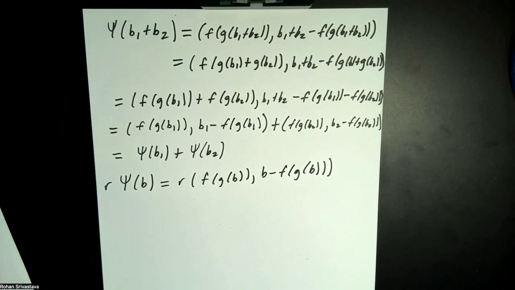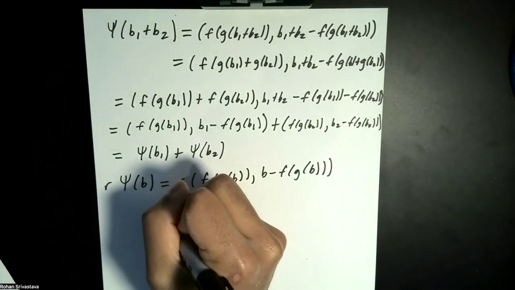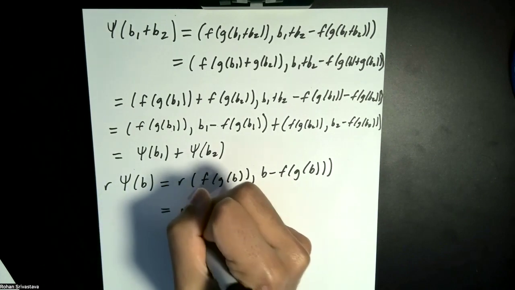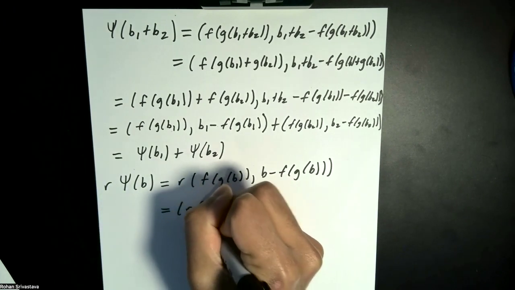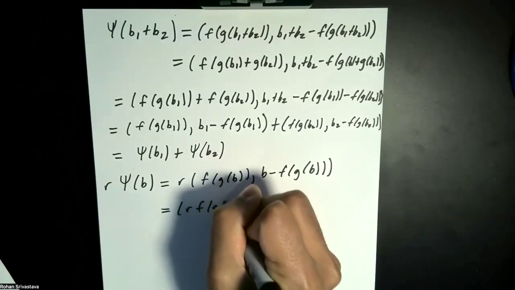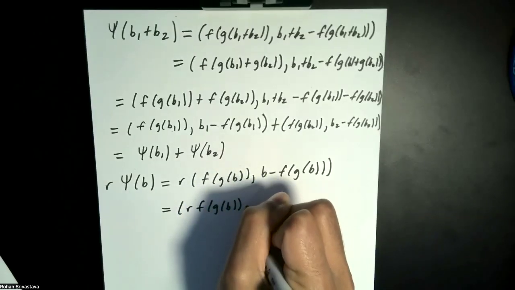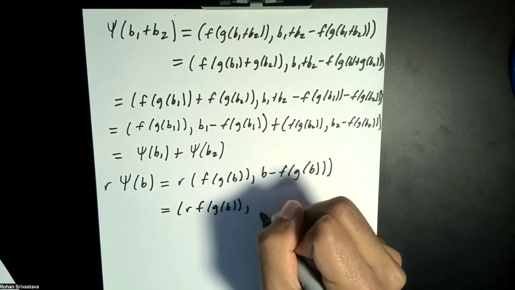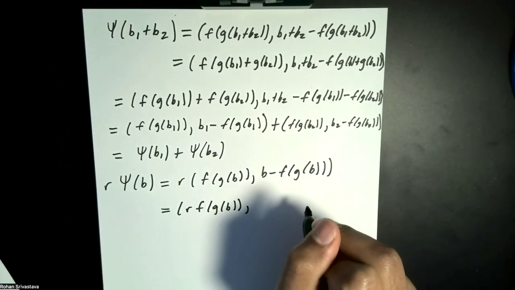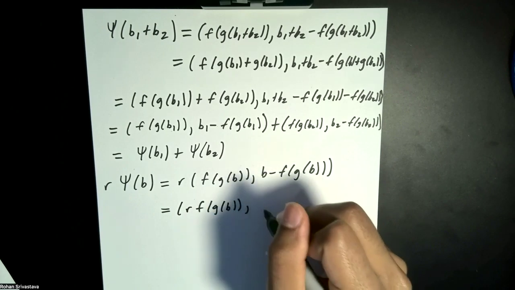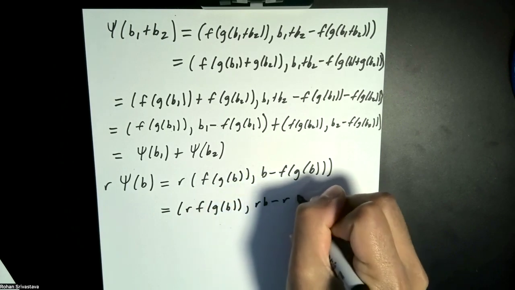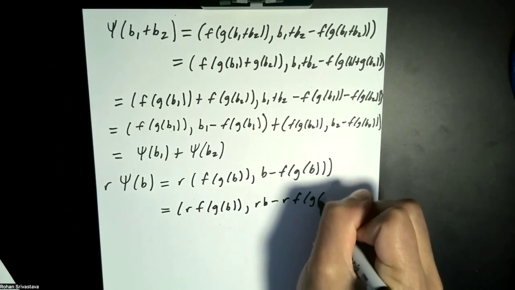And then r's action on this R module that is the direct sum of the image of F and the kernel of G will be, again, component-wise. So this is going to be r acting on F of G of b, comma, by the module axioms, this will be rb minus r F G b.